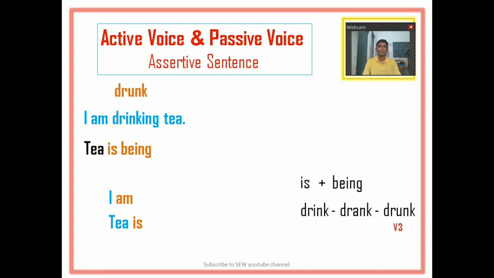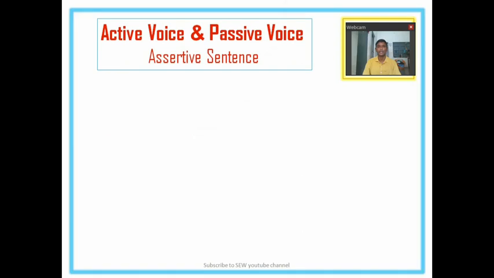So the V3 form, drunk. Next, preposition by should be written. Next, the subject is I, and the object pronoun of I is me. Then the passive voice of I am drinking tea is: tea is being drunk by me.